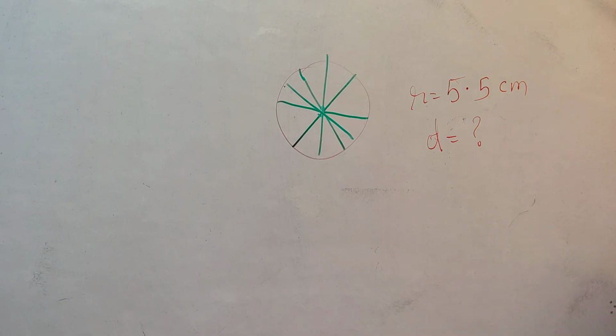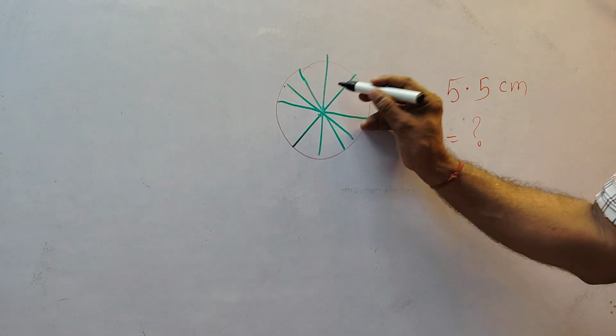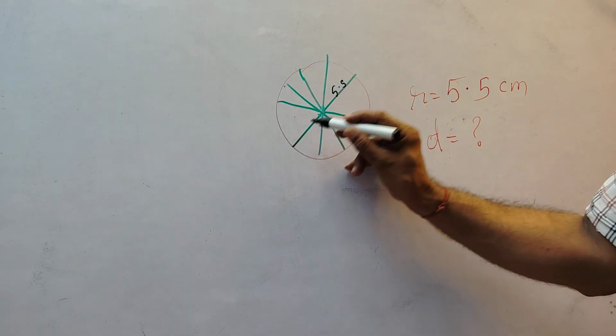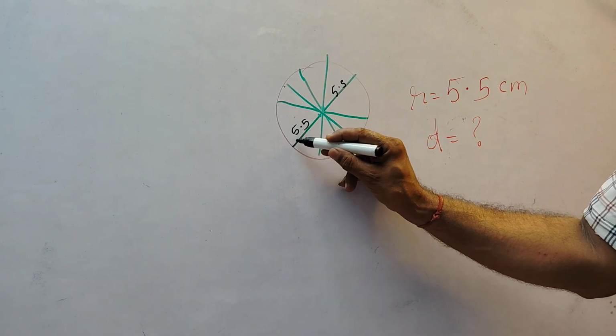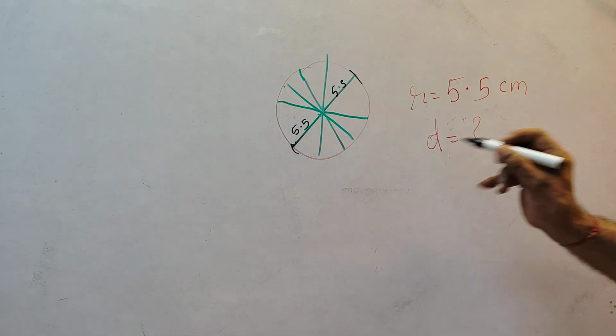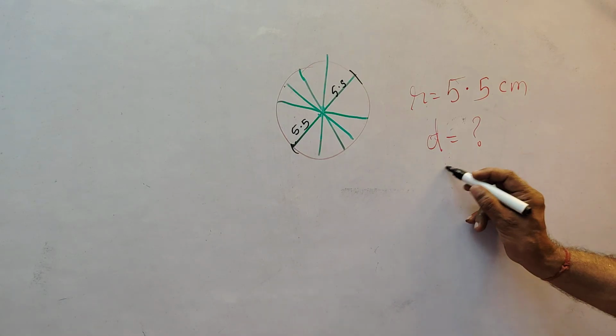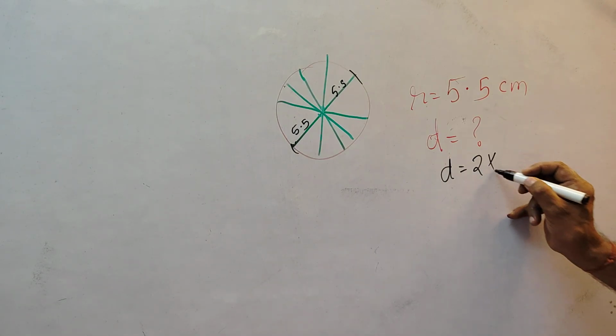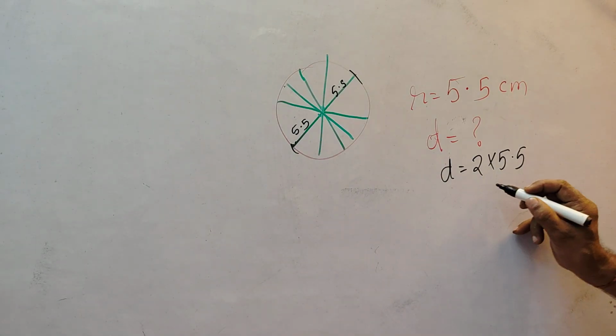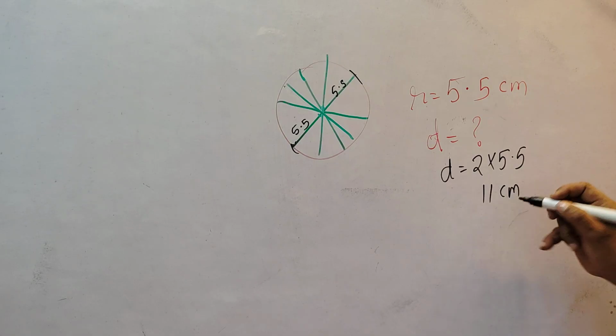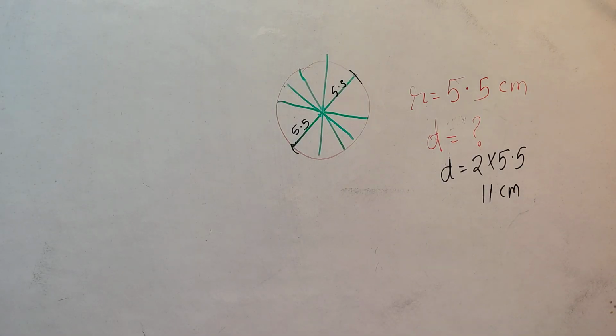Yes, double the radius is called the diameter, because 5.5 is there, 5.5 is there, so the total length of the diameter becomes 11, double of 5.5. So the diameter becomes 11 centimeters. Correct.